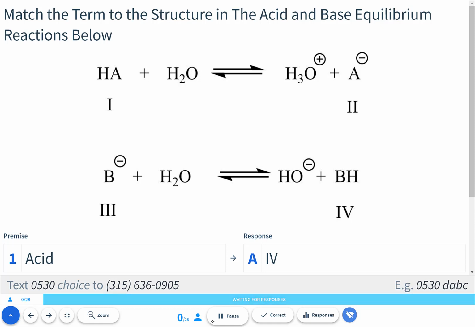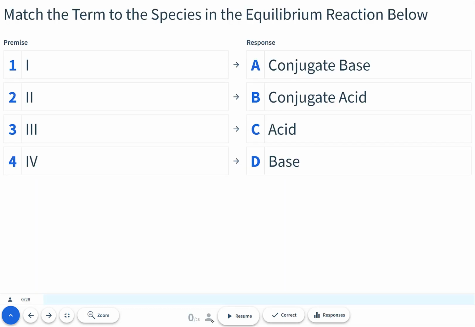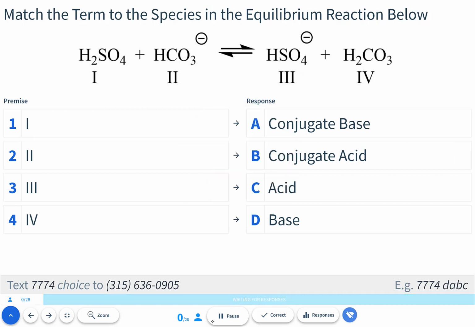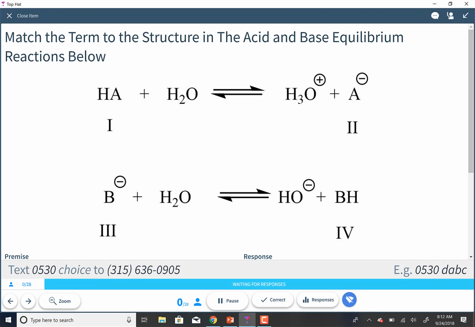So what is the acid? What's the base? What's the conjugate acid? What's the conjugate base? Okay. So we want to match those terms up. And here we're going to go from the perspective of left to right. Not the reverse reaction, but from left to right, the forward reaction for each of these.